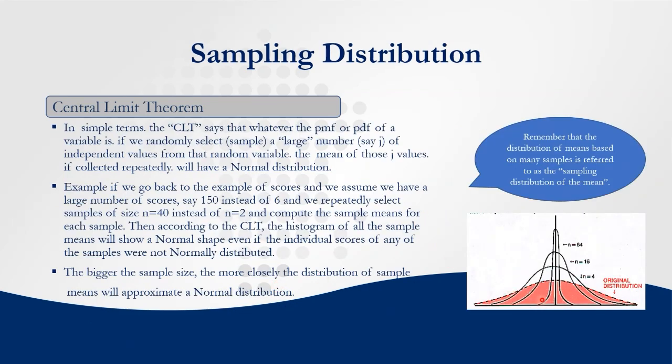If you look at the red being the original distribution, the central limit theorem tells us that when the sample is large, even though the original distribution might not be normally distributed, when we collect the mean of those values repeatedly, we will have a normal distribution.